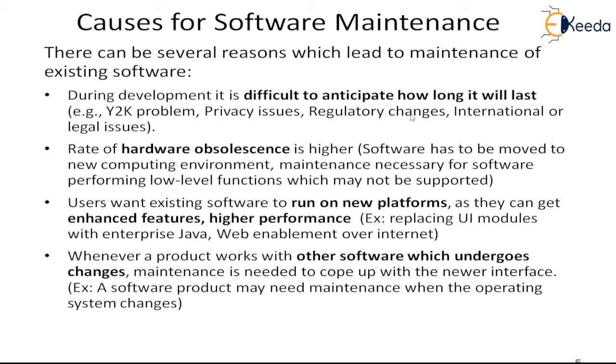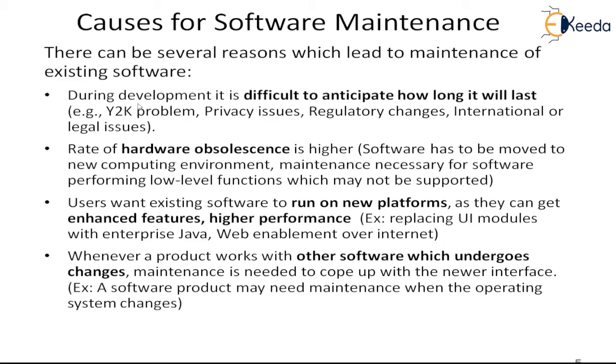So it's a long time. It is difficult to anticipate how long it will last and what all the features are that it will require in that time. So there could be privacy issues, regulatory changes, international legal issues, or something like a Y2K problem.